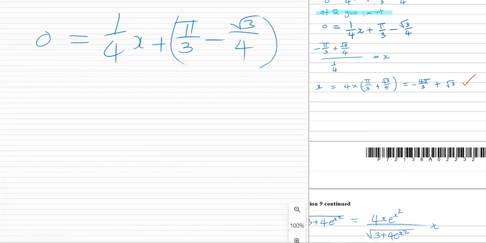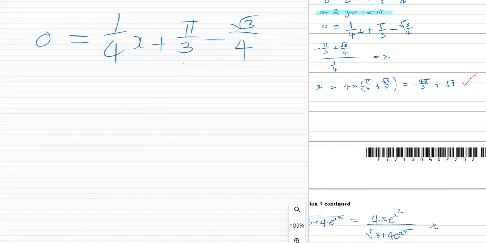Again, this is my kind of working, what I do. So those brackets don't really need to be there. I do that for teaching purposes. The reason I do that when I teach is because if there was a negative there, then the signs would change. So you don't need to write those brackets. It's simply for teaching purposes. But if I take them out, because there wasn't a negative there, the signs stay the same.